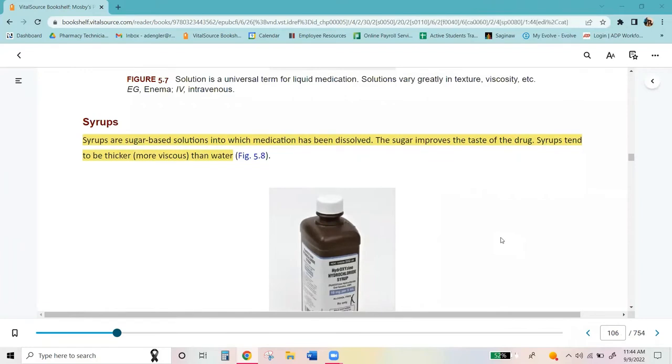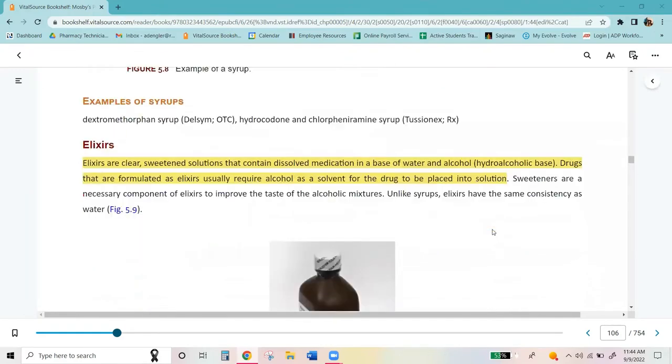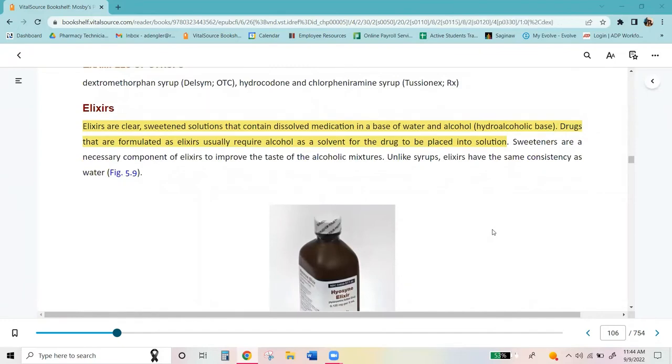Syrups are sugar-based solutions into which medication has been dissolved. The sugar improves the taste of the drug, and syrups tend to be thicker, more viscous than water. Elixirs are clear, sweetened solutions that contain dissolved medication in a base of water and alcohol, a hydroalcoholic base.